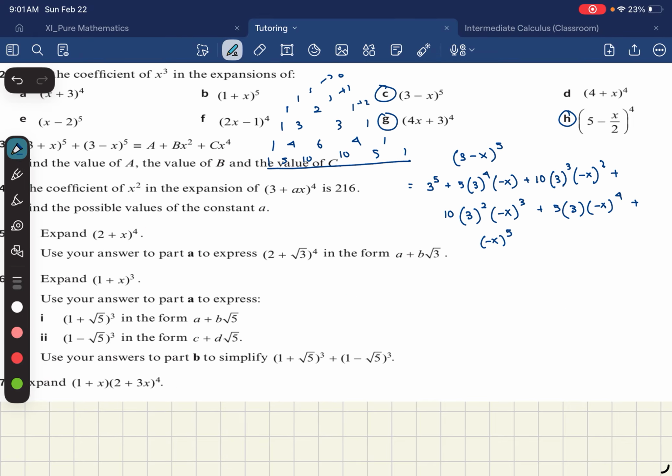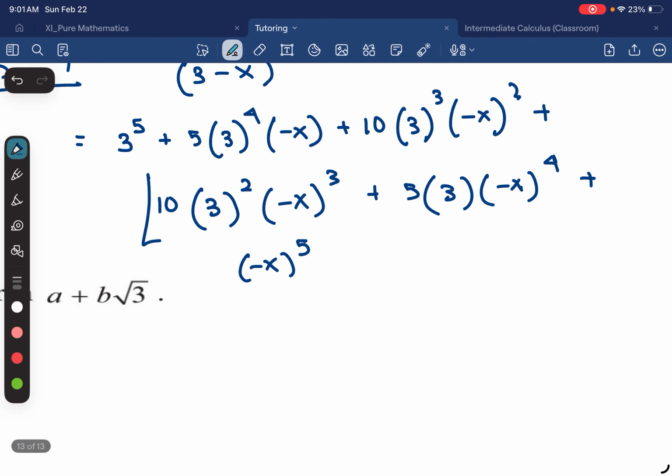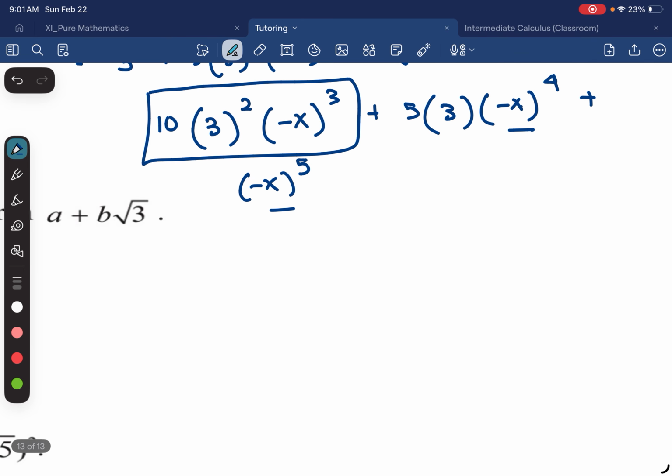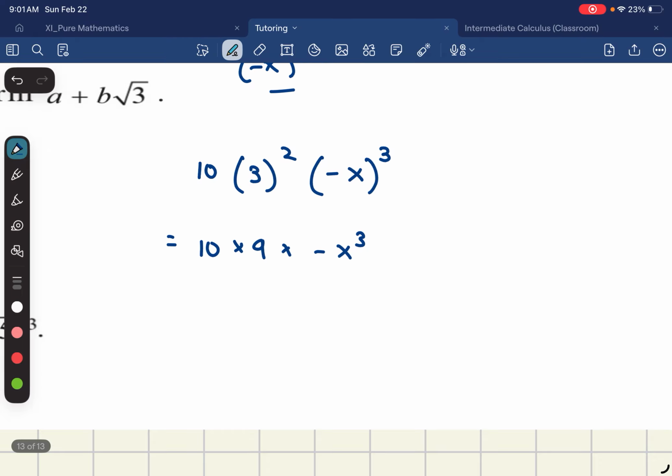It says, find the coefficient of x cubed. I'm going to look here and say, this is my x cubed term. So I have 10 times 3 squared times negative x cubed. This gives me 10 times 9 times negative x cubed. Negative x to the whole cubed is still negative x cubed. That gives me negative 90x cubed. So the coefficient is just negative 90.